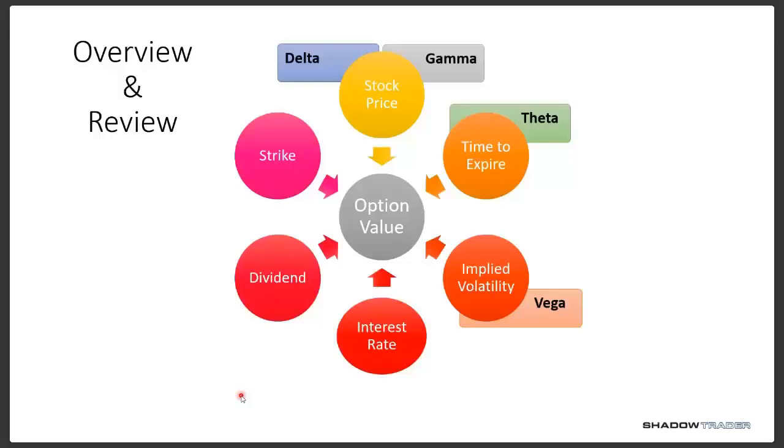So something with an implied volatility of 10 and one with an implied volatility of 100: the 100 implied volatility will move faster to a level that makes you profitable, whereas the 10 takes a lot longer to get there. Hence, we look at time to expiration and implied volatility in terms of how much time do I buy for this implied volatility to affect my option value to the point where I'm profitable.